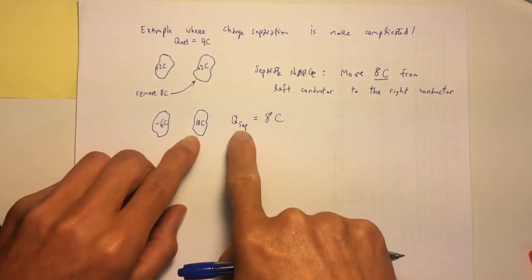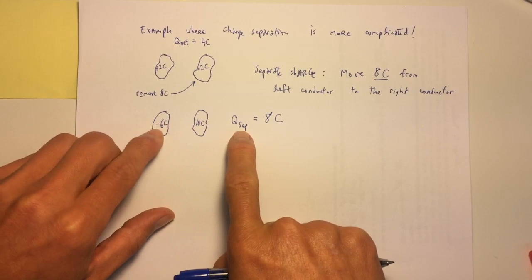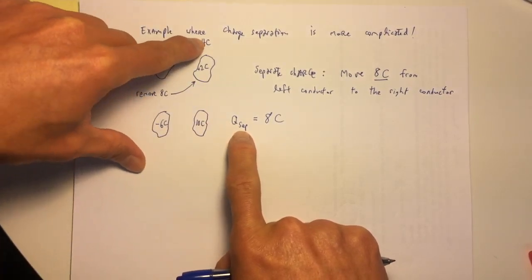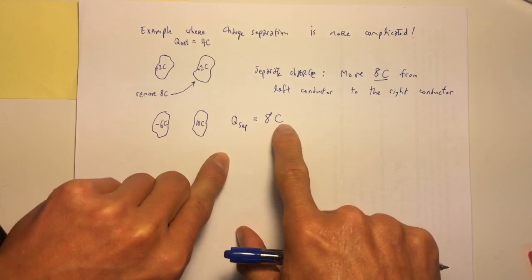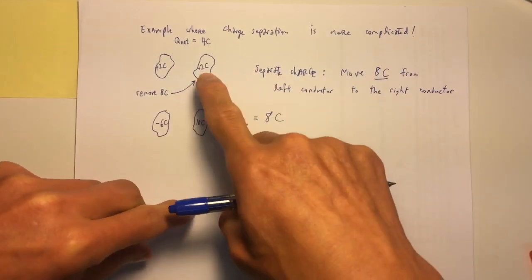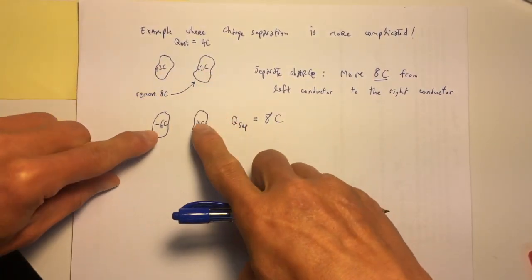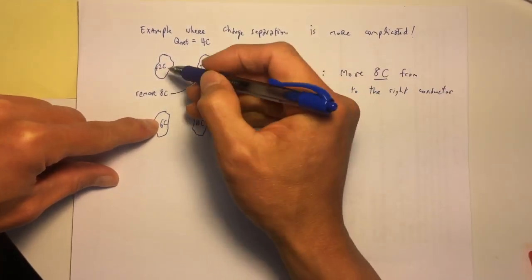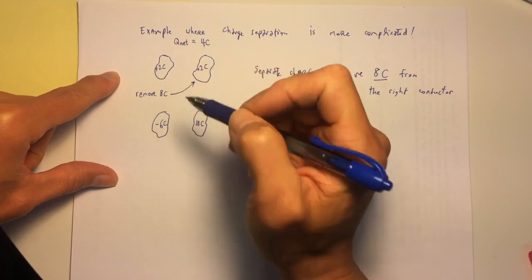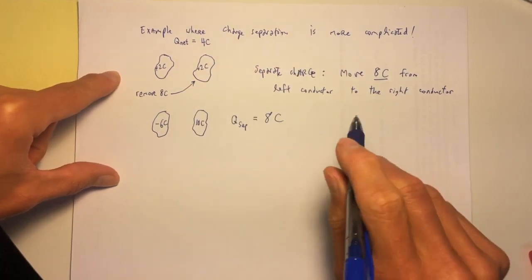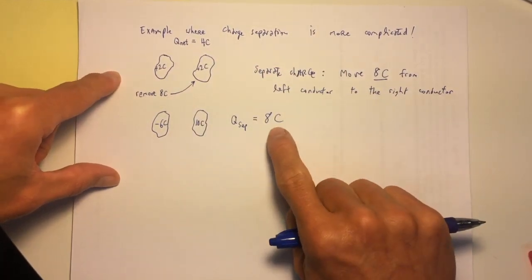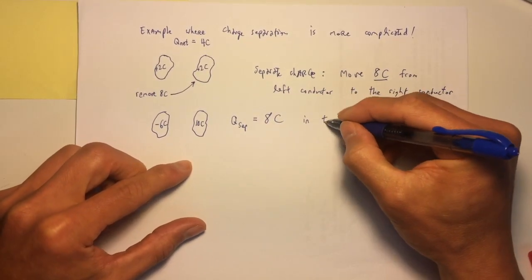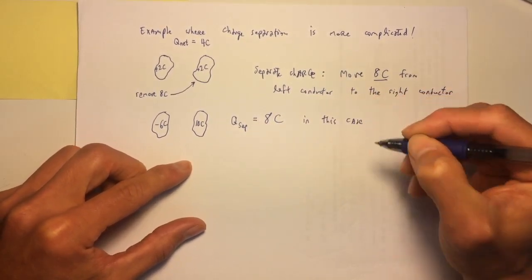So the charge separation is not the 10, it's not the 6 or the negative 6, and it's not the 2 or the 4, it's actually 8, because that is how I made the charges different. I made it different by separating 8 off of one and putting it on the other. So this is really a complicated issue. So the charge separation is 8 coulombs in this case.